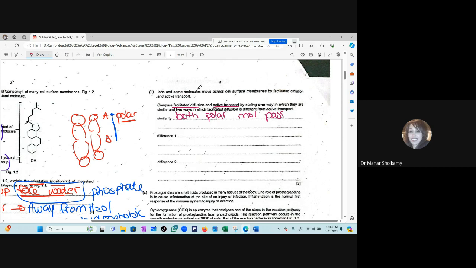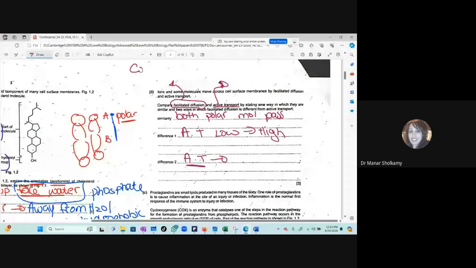Mariam, can you continue? In active transport, the molecules move from low concentration to high concentration. Yes. And in active transport, the polar molecules move through the carrier proteins and the transport proteins.